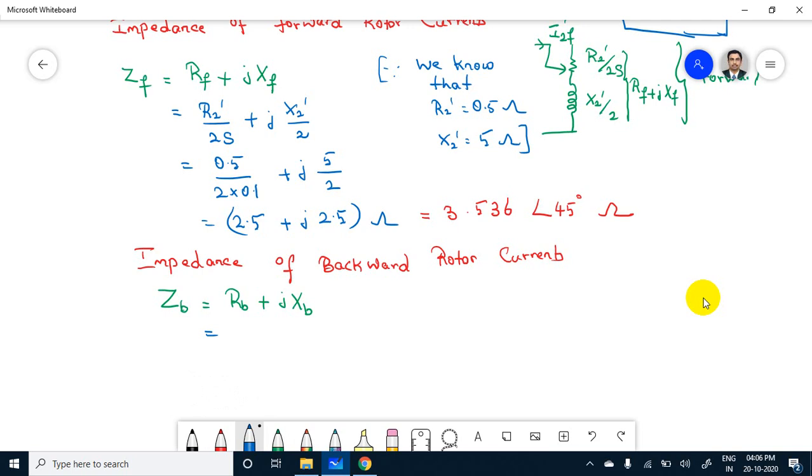Because in backward, how will it be represented? This is R2 dash by 2 into 2 minus s, and here x2 dash by 2, and the current flowing here is I2 dash b. This is for backward.